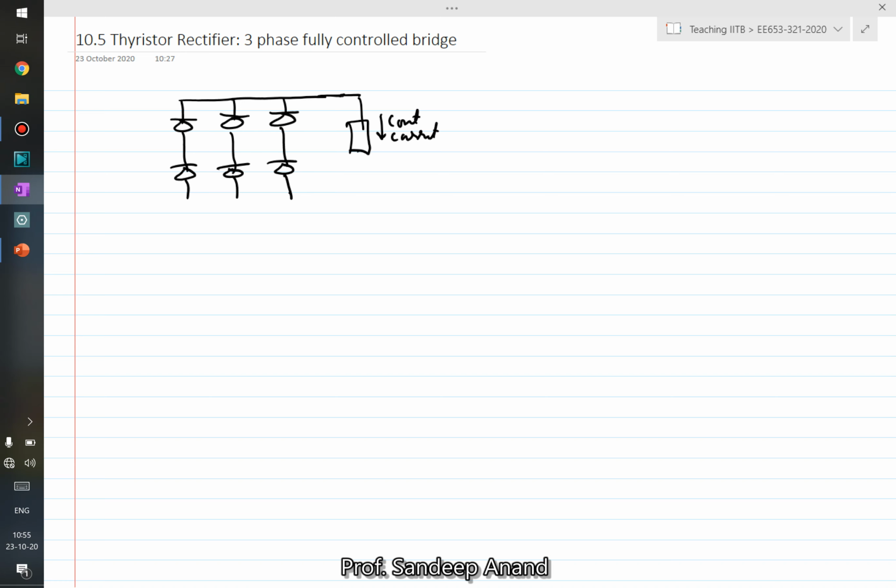Although in some of these circuits we are assuming continuous current, that does not imply that they only operate with continuous current. The difference would be if the current is not continuous, the output voltage waveforms may not necessarily be the same, and therefore you may have to manually calculate the output voltage waveform and not use the direct formulas, right? But if it is continuous current load, then it's the formula that we derived for the previous circuit, or what we are going to do for this circuit, would more or less hold good.